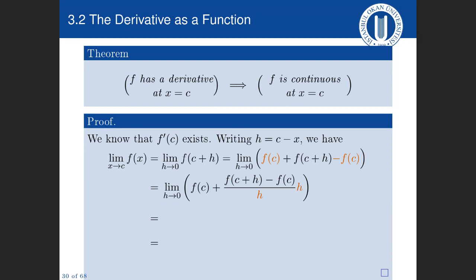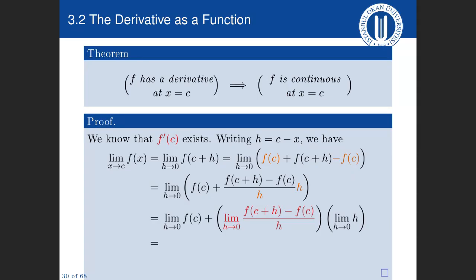The sum rule says if we have the limit of a function plus a function, we can cut at the plus and change it into two different limits. The product rule says if we have a limit of a function multiplied by a function, we can cut between the two functions and have the limit of a function multiplied by the limit of a function.